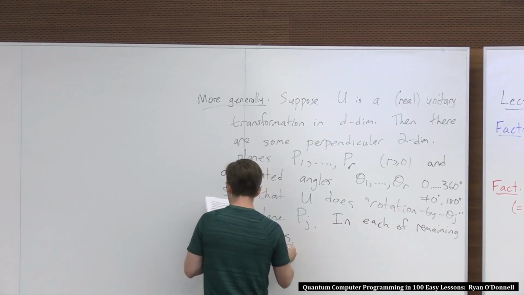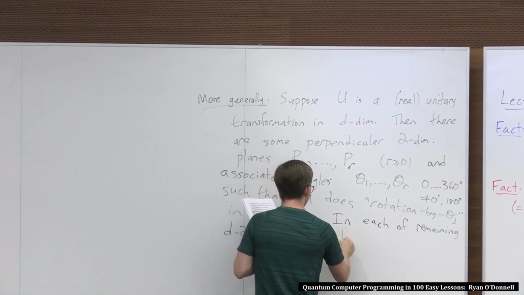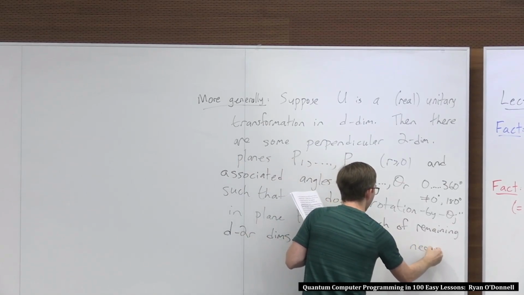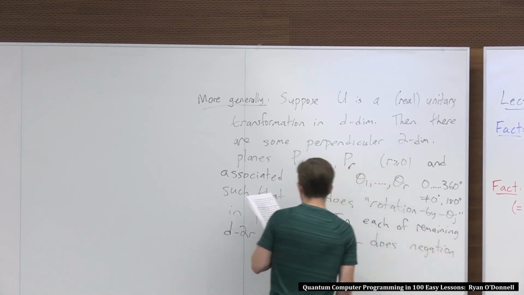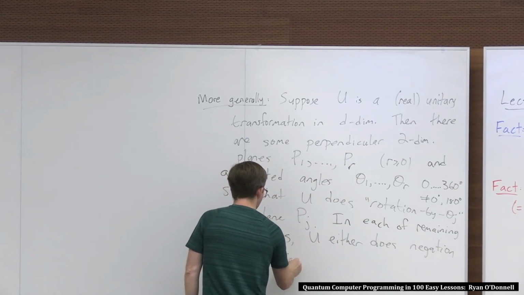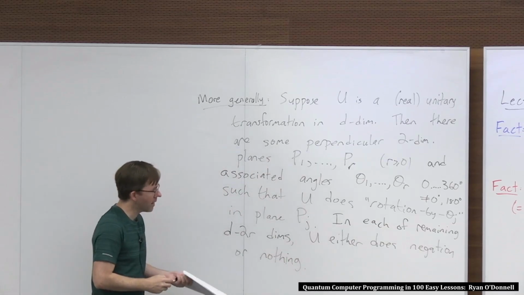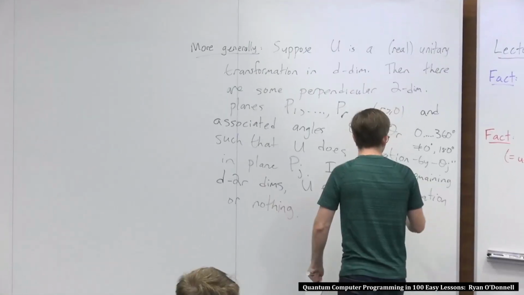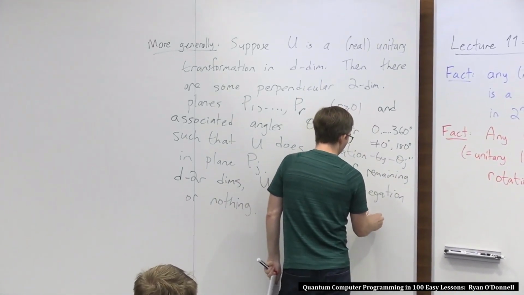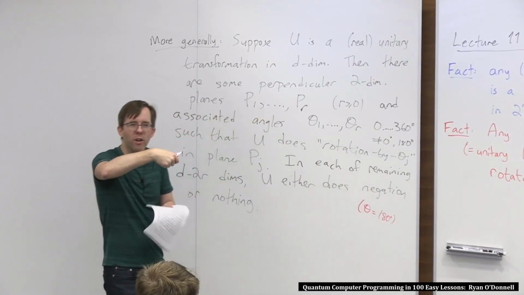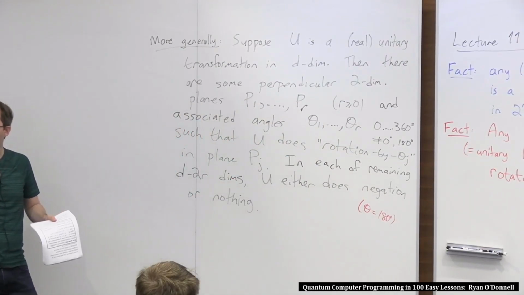I'll do some examples in a minute. U either does negation, it just negates vectors, or nothing. It literally doesn't change vectors. And in some sense, we're going to eventually associate doing negation with theta being 180 degrees, because rotating by 180 degrees is kind of like just negating vectors.